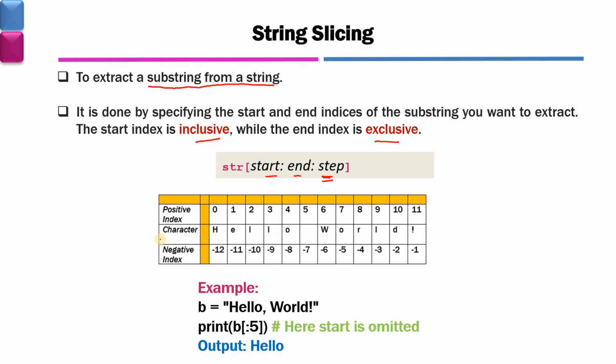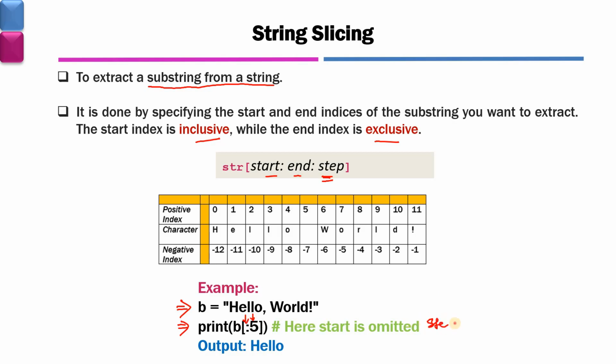I'll give you a simple example here, but in my Jupyter hands-on session, I will give you many more examples on string slicing. So B equal to, suppose the string is hello world, then print B[:5]. Step is optional; you can give it or you may not give it. But here, since I have placed only two portions, one before the colon and one after the colon, step is not specified, so the default value of step equal to 1 will be taken.